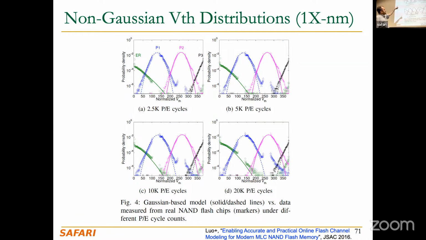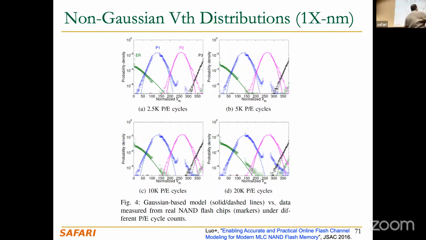For example, the blue triangles are actually measured threshold voltages from the device, from the real experiment, and the dotted lines are the Gaussian model. When we have 2.5K PE cycles, more or less the Gaussian model is doing fine. It's not terrible, and it's predicting the distribution well.